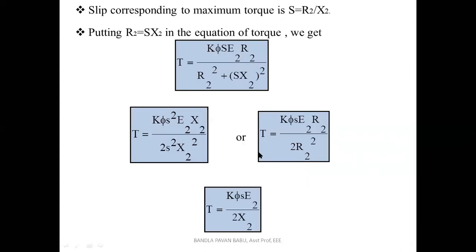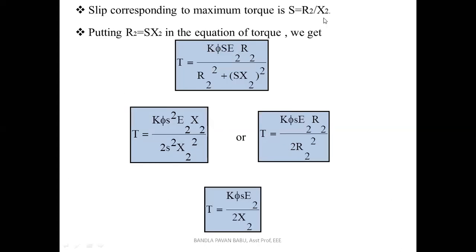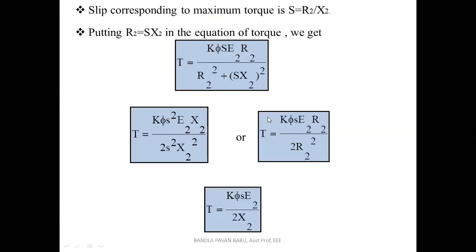We'll go to a further extension of this. The slip corresponding to maximum torque can be found from this equation. At the maximum condition, slip equals R2 by X2. Substituting the same in the torque equation which we have seen earlier, in equation A, substituting s equal to R2 by X2, for our convenience we substitute R2 equal to s into X2.